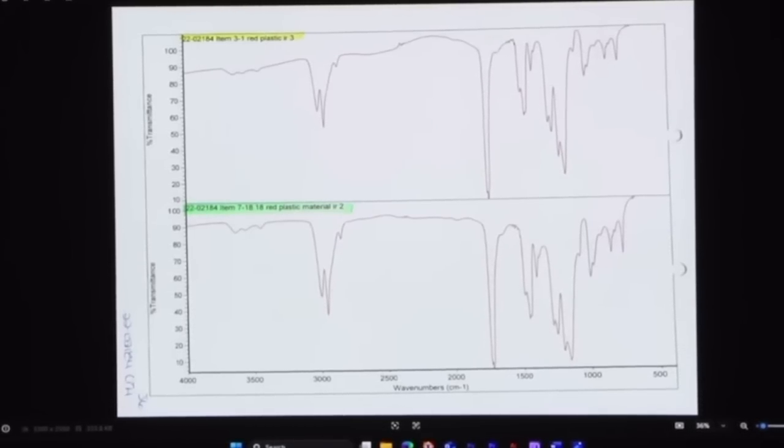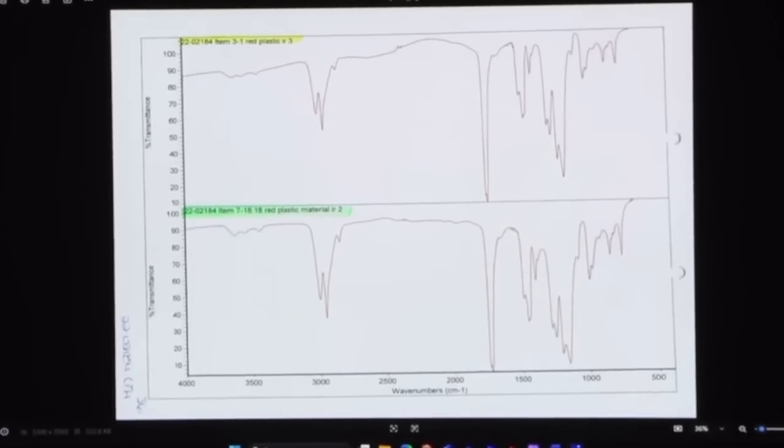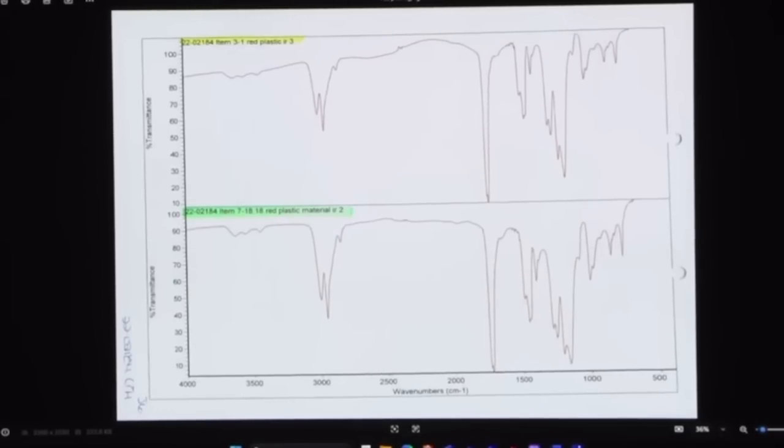So accordingly, the red plastic from 7-18.18 could have originated from the red plastic from item 3-1 or from another source with the same characteristics.